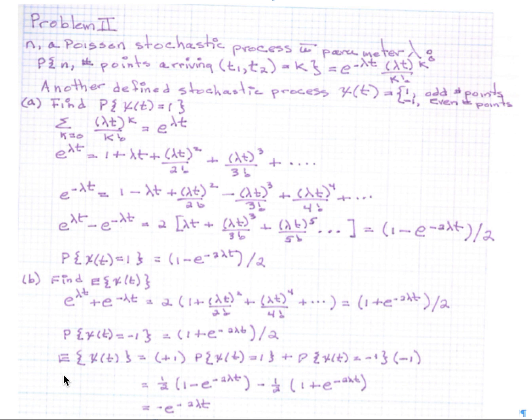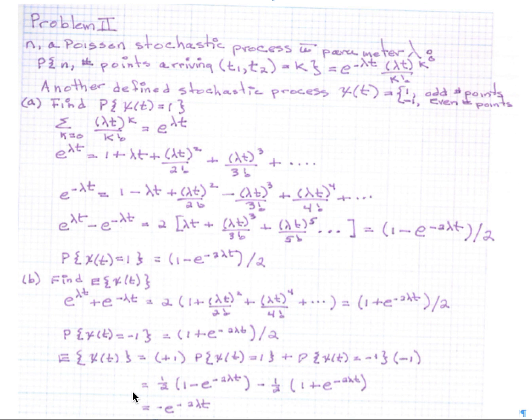The expected value, therefore, is equal to plus 1 times the probability of X of t equal to 1, plus the probability of X of t equal to minus 1. In this case, it's multiplied by minus 1. I neglected to mention earlier that the first one was multiplied by plus 1.